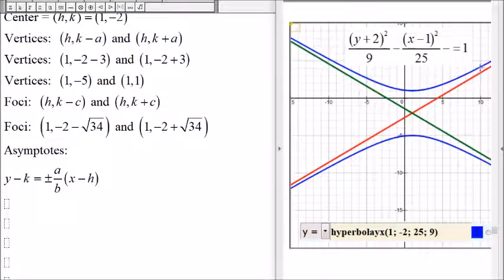For branches that open up and down, the distance from the center to the vertex right here, this is vertex 1 and vertex 2, is a. a is the distance from the center to the vertex.